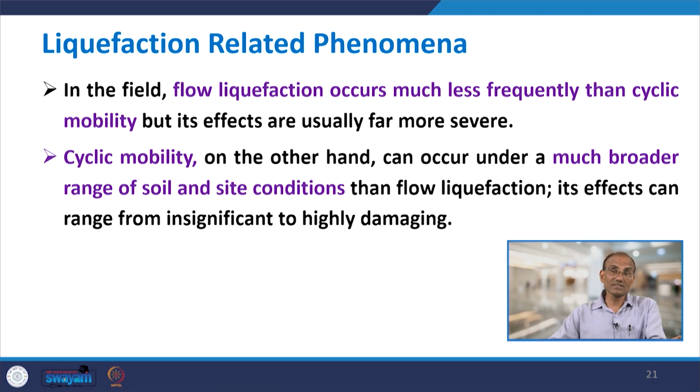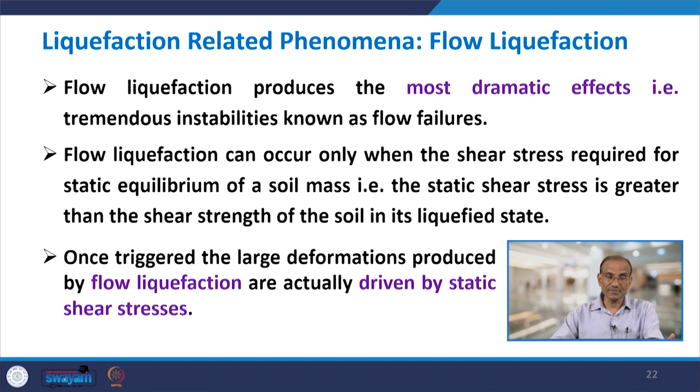Cyclic mobility can occur under a much broader range of soil and site conditions than flow liquefaction, and its effects can also be very damaging. Sometimes it could be insignificant, but it could be highly damaging. So, the effects of cyclic mobility will vary from insignificant to highly damaging.